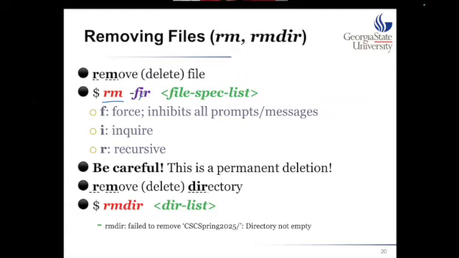Okay, and you can remove multiple files or directories at the same time, but if you don't specify r, then the rm command will not remove directories that have subdirectories. So if a directory has subdirectories and you want to remove the whole directory structure, then you have to specify rm -r and then the directory name. And you also need to be very careful that this is a permanent deletion. So once you remove it, you cannot take it back.